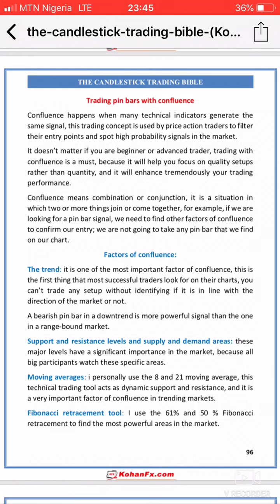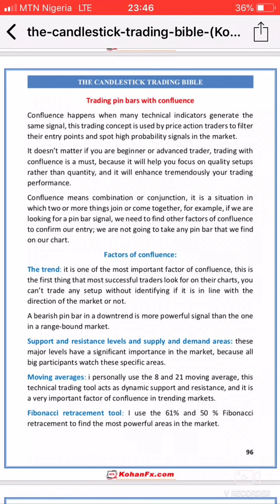Support and resistance levels and supply and demand areas. These major levels have a significant importance in the market because all big participants watch these specific areas. Moving averages. I personally use the 8 and 21 moving average.